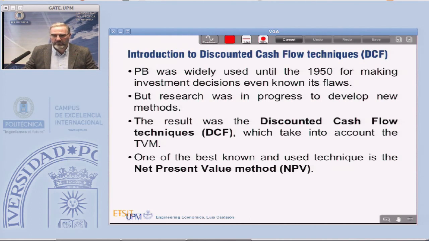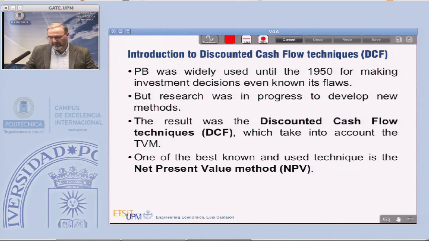because they ignore cash flows after the payback period, and in the periods before the payback period they ignore the composition of the cash flows. Why is that? Because, as you know, the payback period methodology ignores the time value of money.